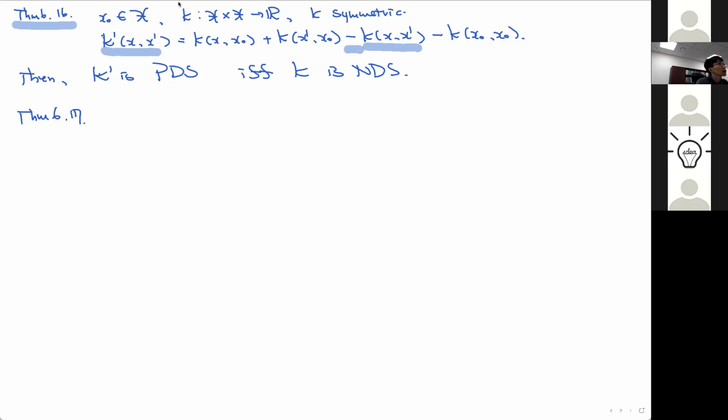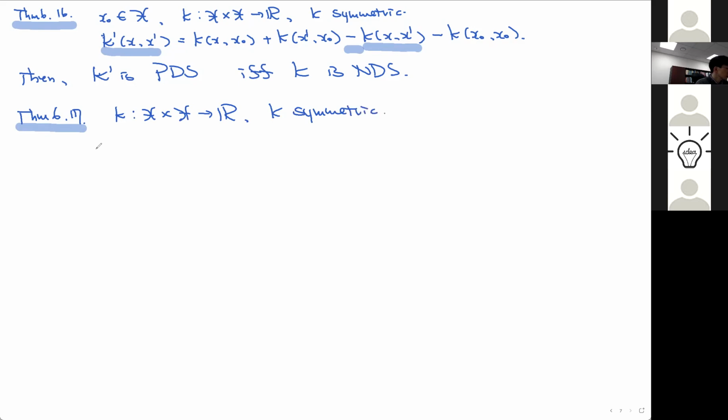Theorem 6.17 is a consequence of this theorem. It says the following: K is a kernel and symmetric.